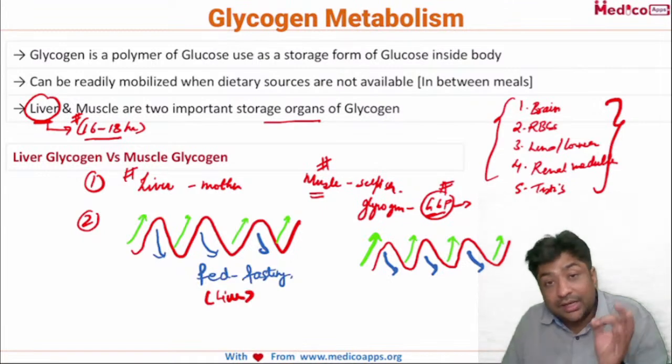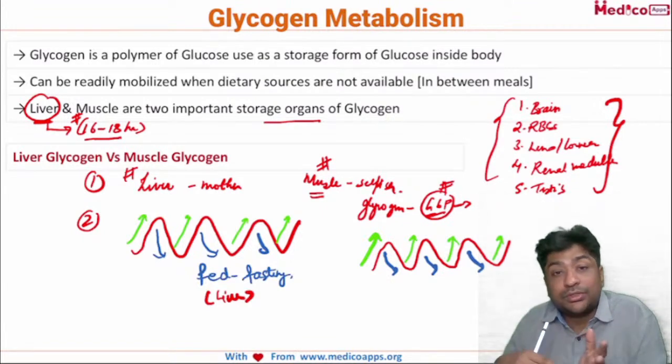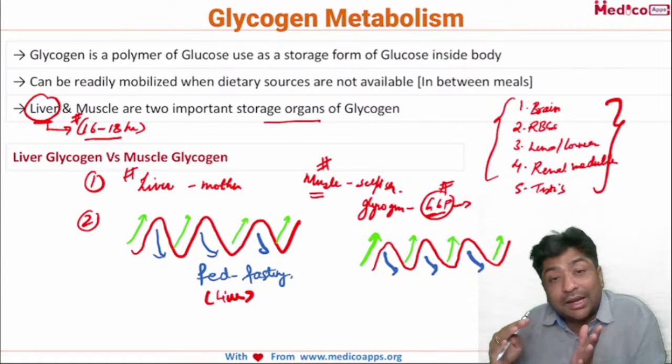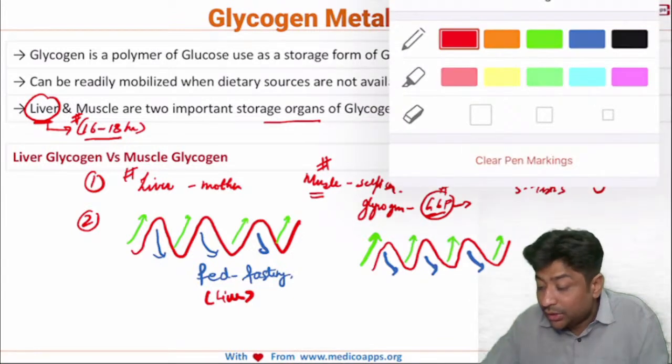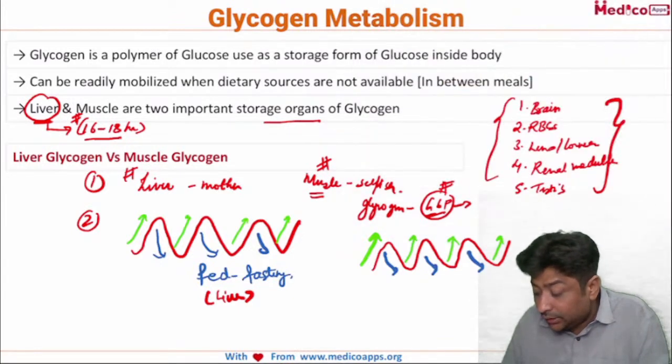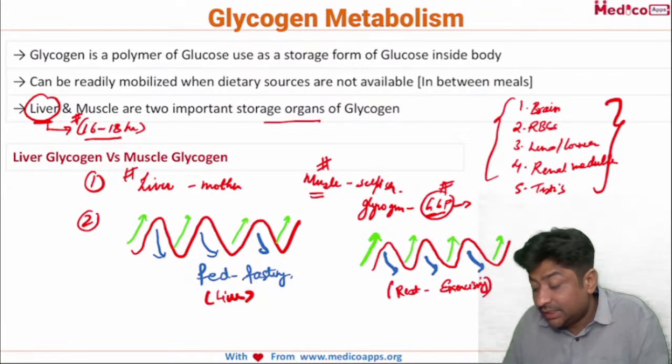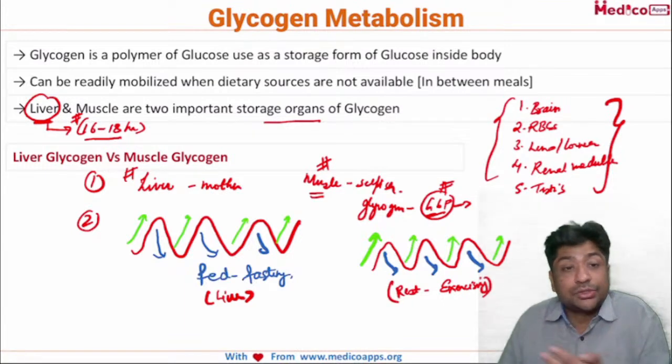So again, the level of glycogen in muscle keeps on fluctuating, but that fluctuation is dependent upon the rest and exercising state. So this is the second major difference between the glycogen which is stored in the liver and the glycogen which is stored in the muscle.